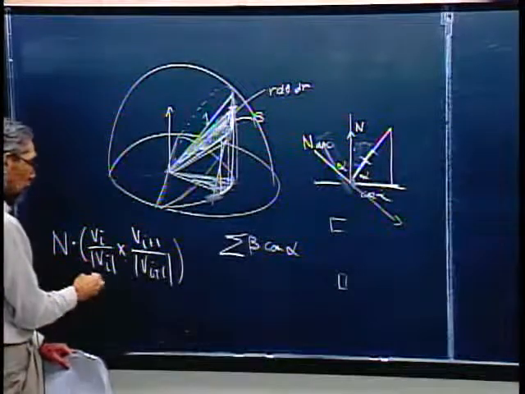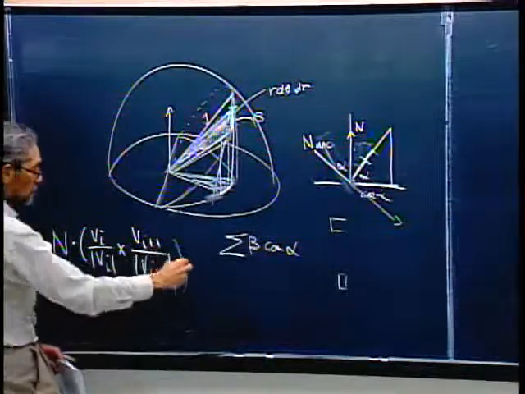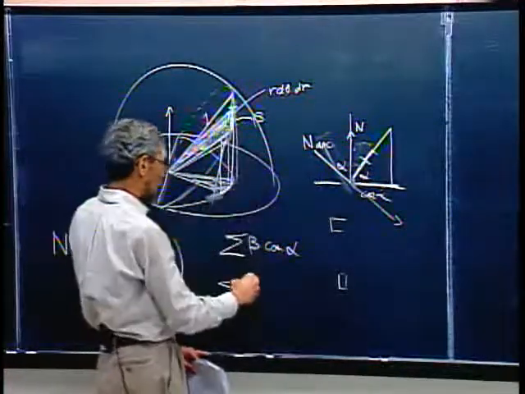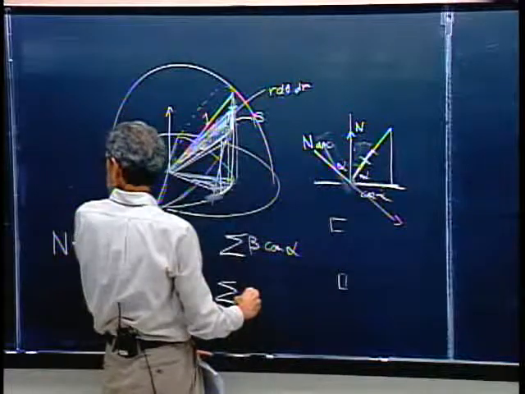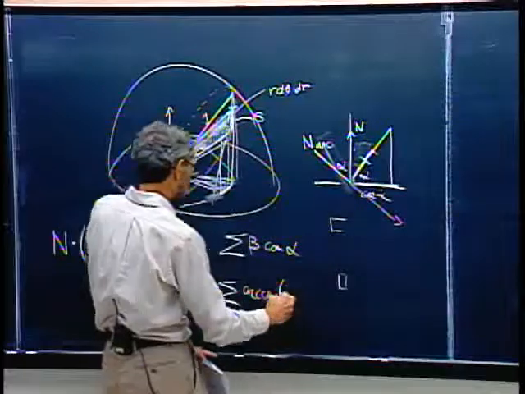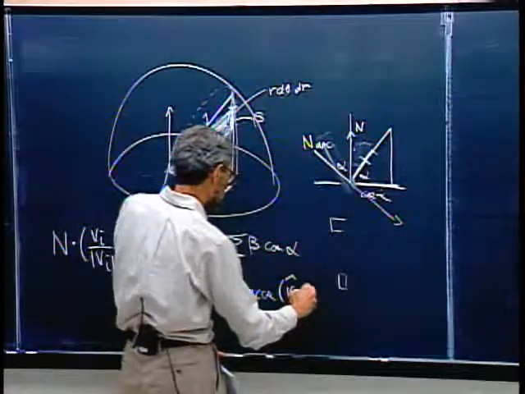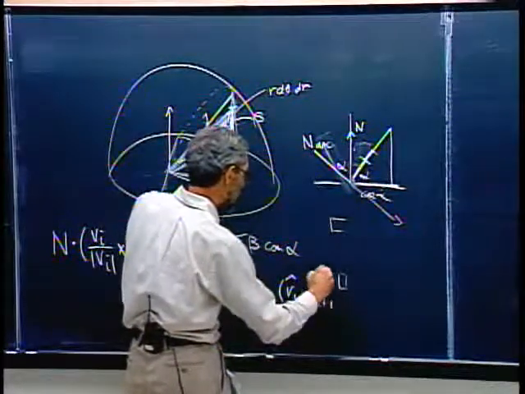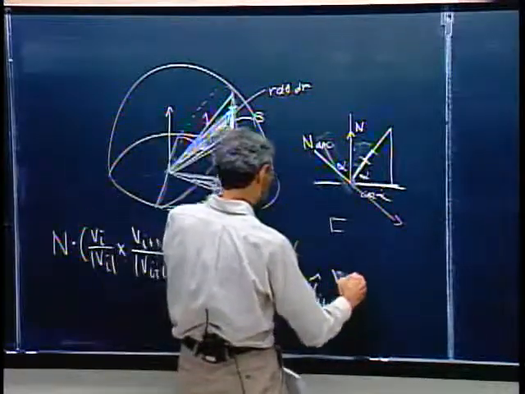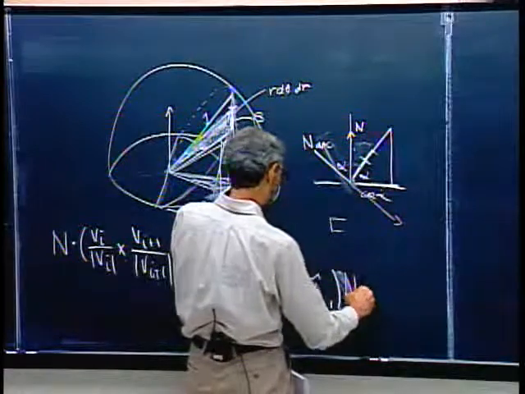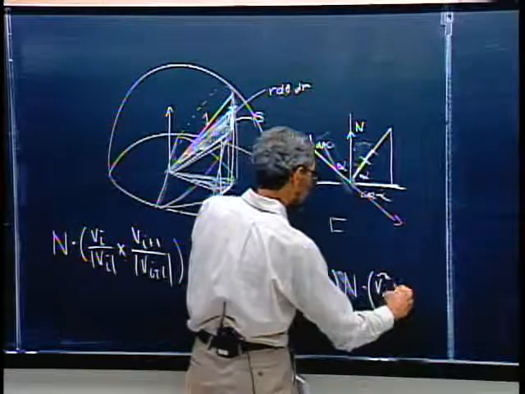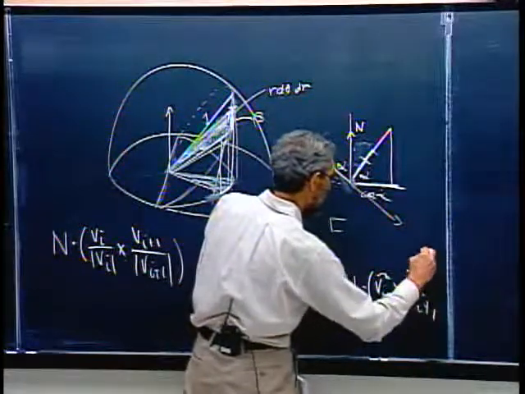So if I write the formula, then this sum is the sum over all edges of the polygon of arc cosine of, why don't I call this Vi hat, it's the unit vector, Vi plus 1 hat, for that vector turned into a unit vector, times the normal dot Vi hat cross Vi plus 1 hat.